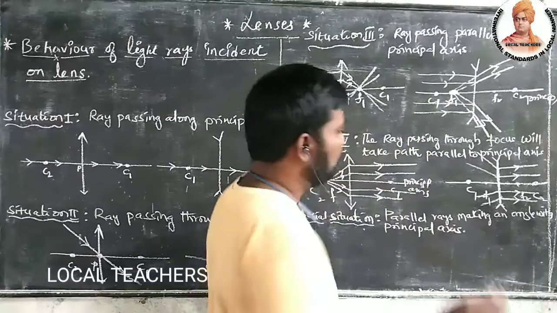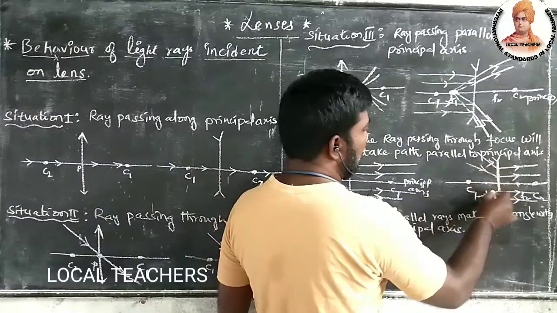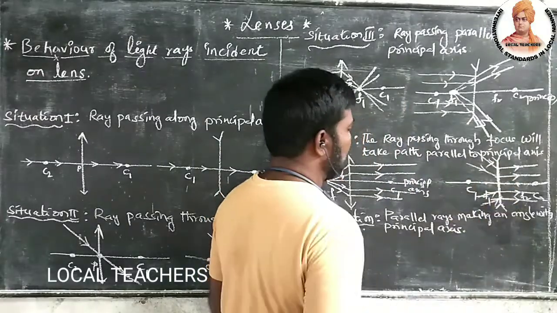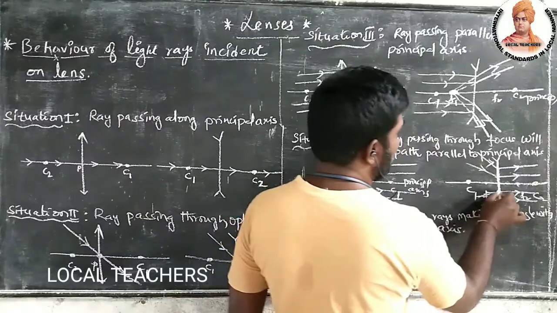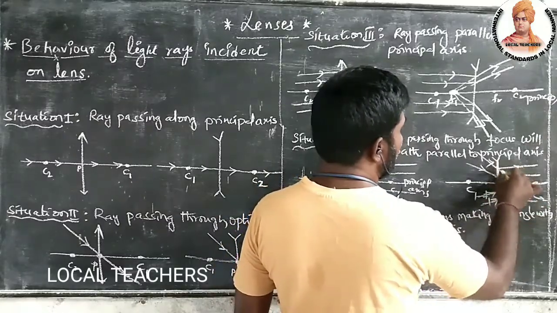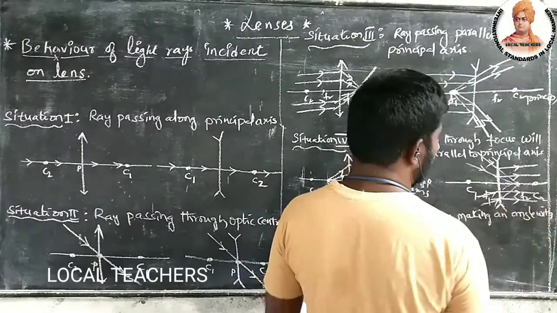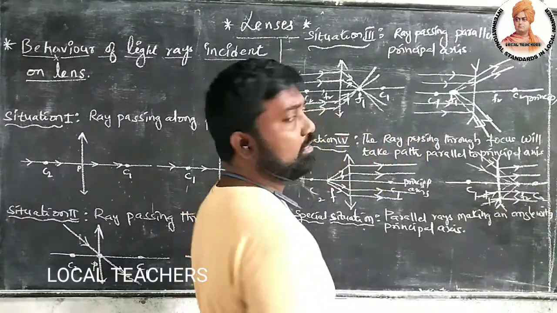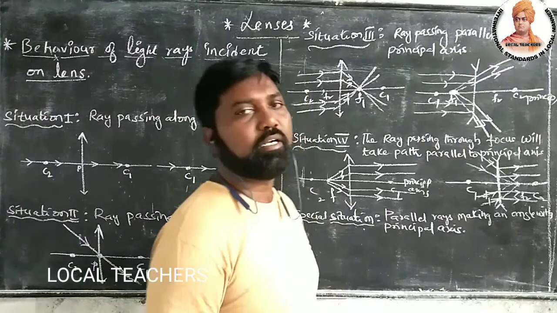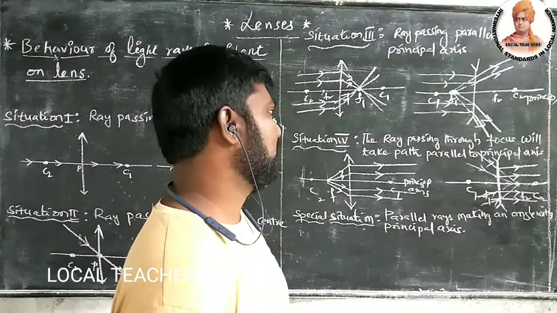These are the incident rays, directed towards this focus. After refraction, these rays choose a path in parallel with the principal axis.